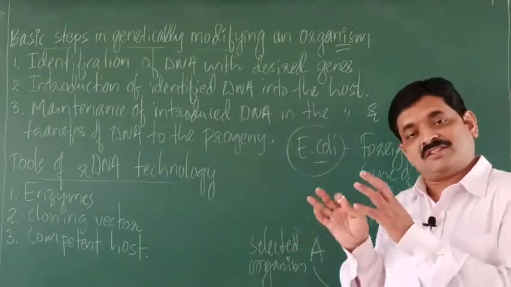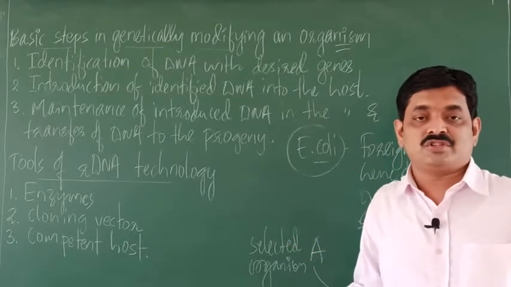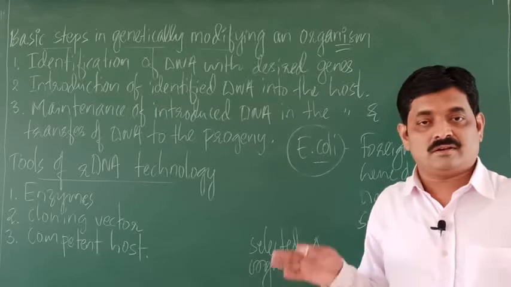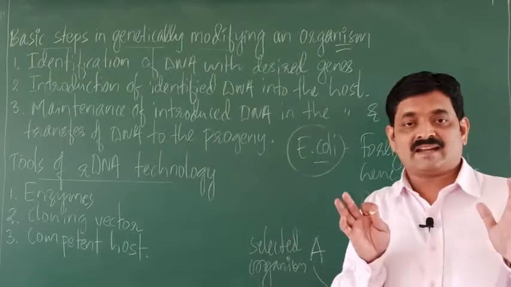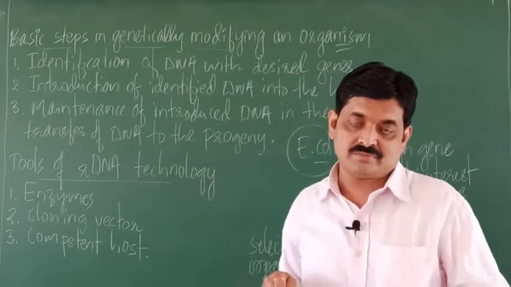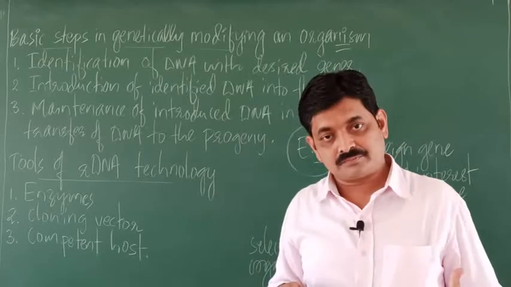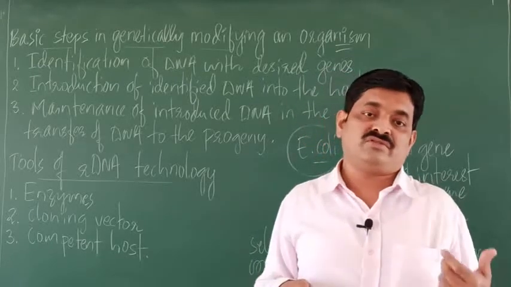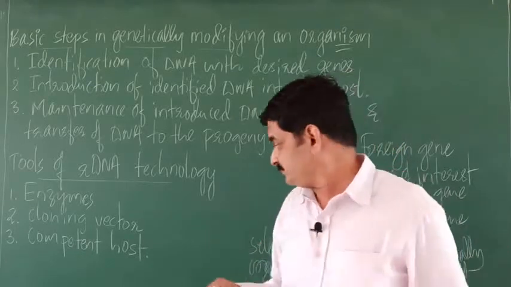Now how is this desired gene introduced in the host? For that you require a plasmid. So the plasmid is taken and treated with restriction enzyme, and that plasmid becomes open.